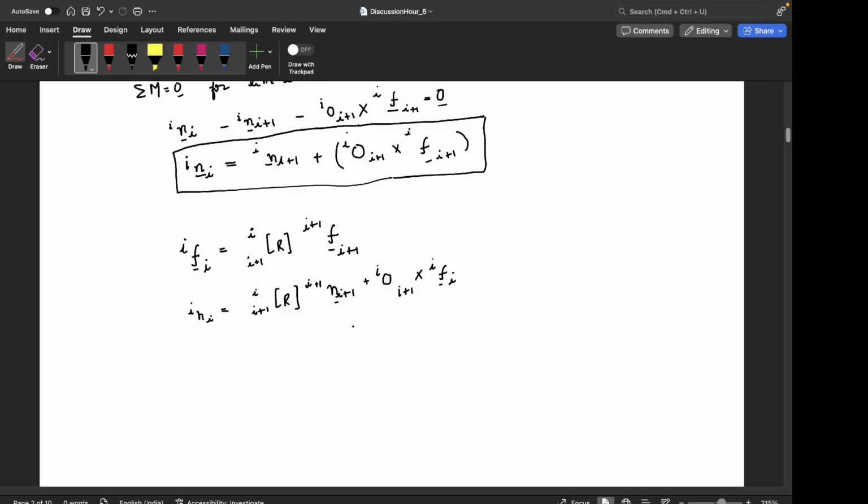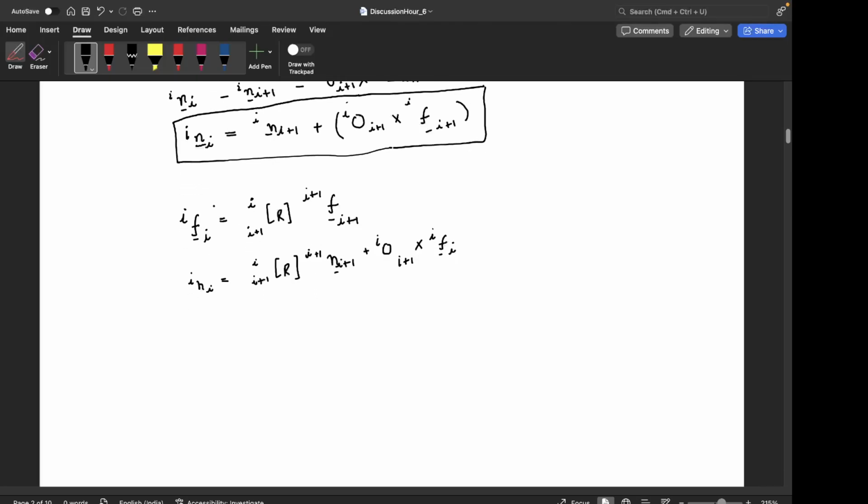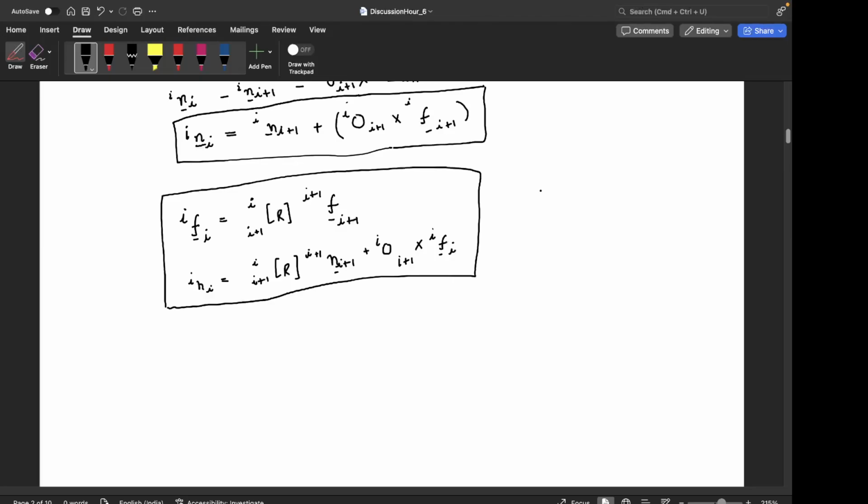So here, all the quantities that we use are expressed in the same frame as the link for which that quantity is being used. So this is another form that we will use in our static analysis.